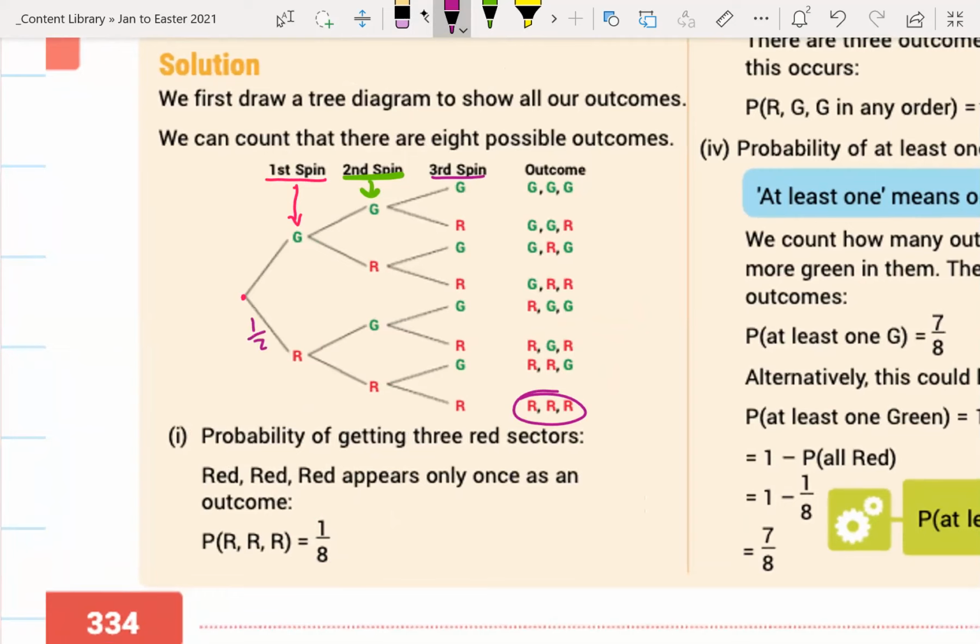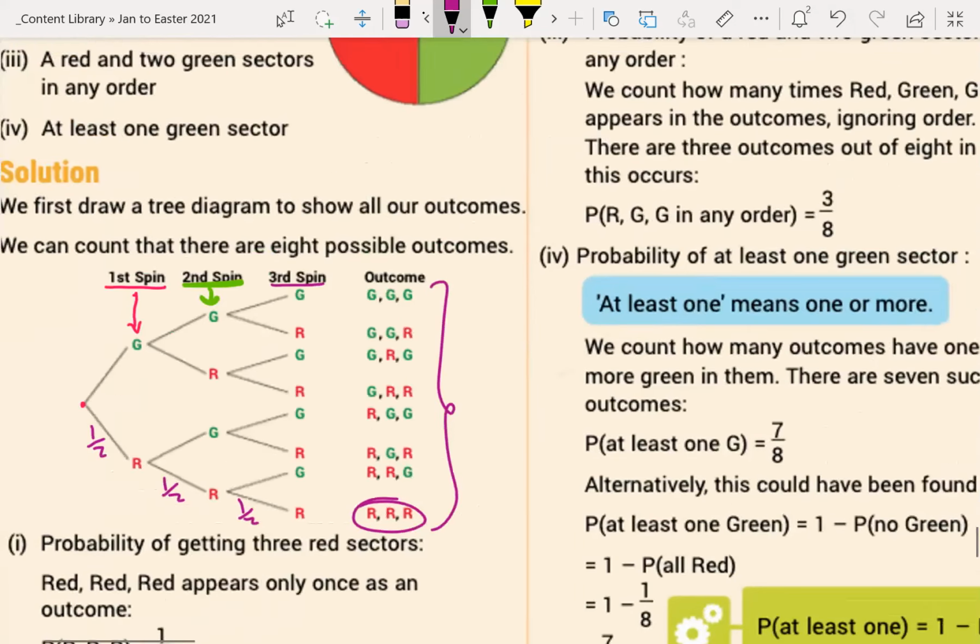So there are 2 choices. The probability of getting red on this spin is a half, and the probability of getting red here is a half. And a half multiplied by a half multiplied by a half is also 1/8. But I think I prefer the way they did it here, where they list out all the outcomes and then you can see clearly which one.